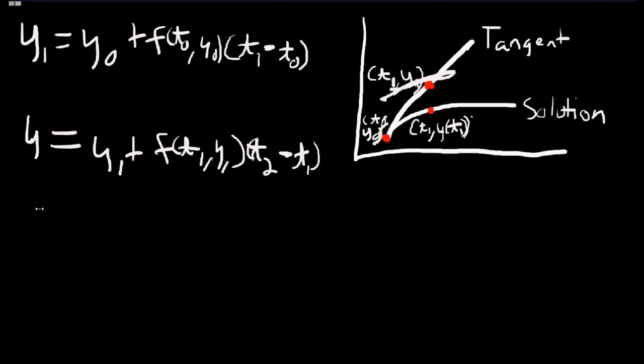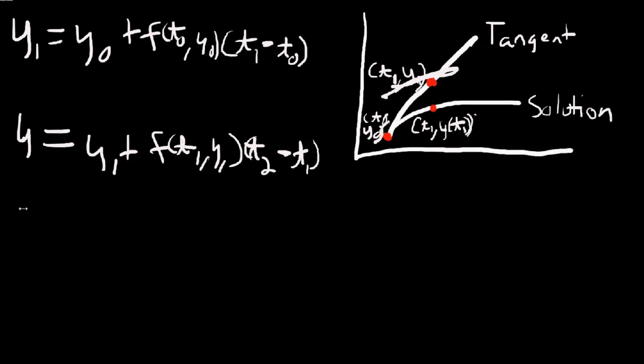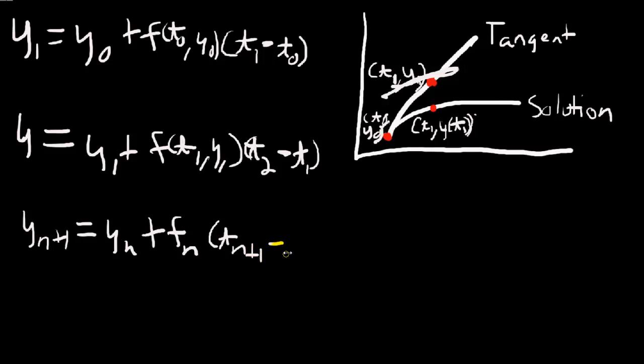So you could keep doing it out, but it all comes to the same pattern, which ends up being y sub n plus 1 equals y sub n plus f of (t_n, y_n) times (t sub n plus 1 minus t sub n).